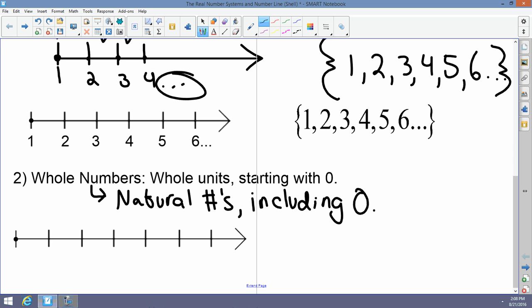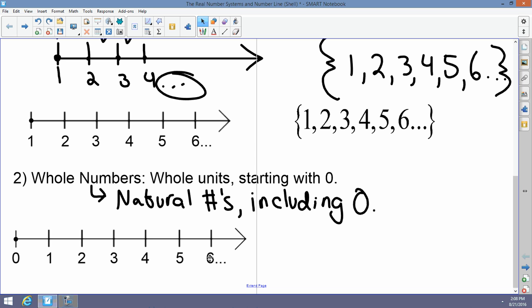Okay? So they're whole units starting with 0. In this particular case, my first number, the beginning of this set, is going to be, of course, 0, followed by 1 and 2 and 3, 4, 5, 6, dot, dot, dot, and it's going to keep on forever.